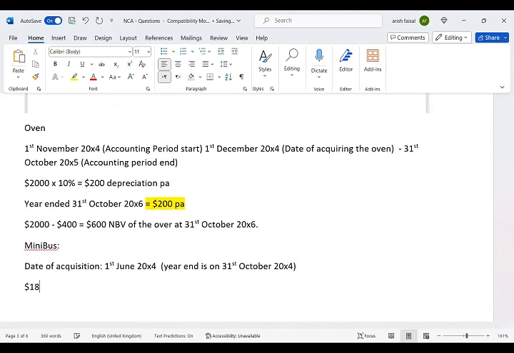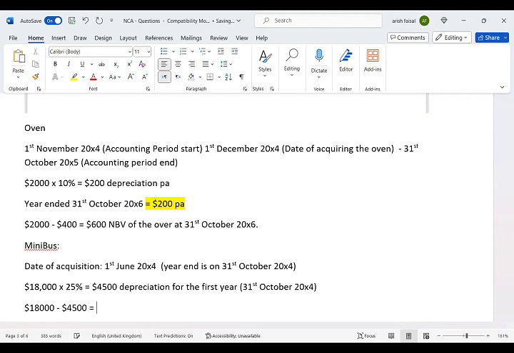The cost of the asset was 18,000 and you will charge 25 percent, which will turn out to be 4,500 depreciation for the first year, which is 31st October 2014. Then for the next year, which is 31st October 2015, it will be 18,000 minus 4,500.